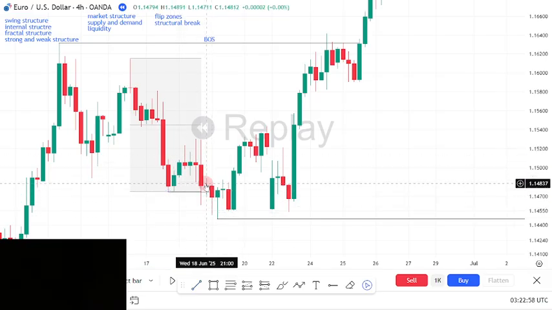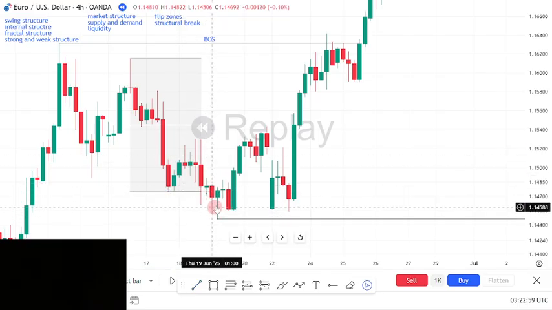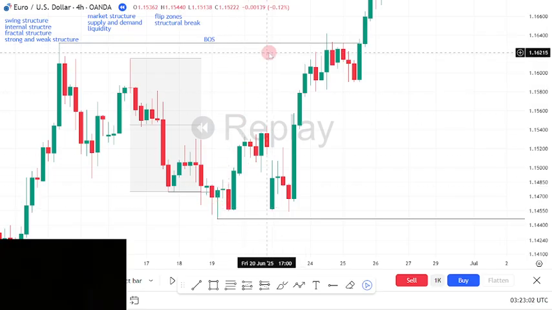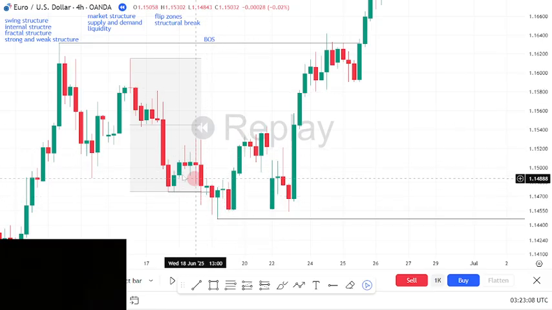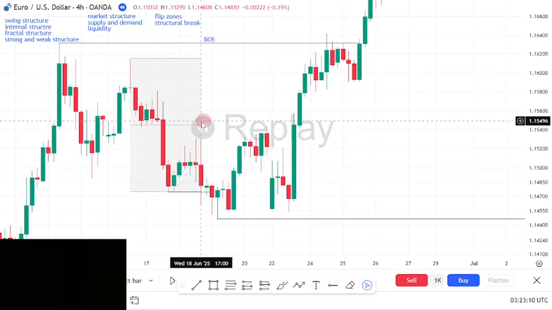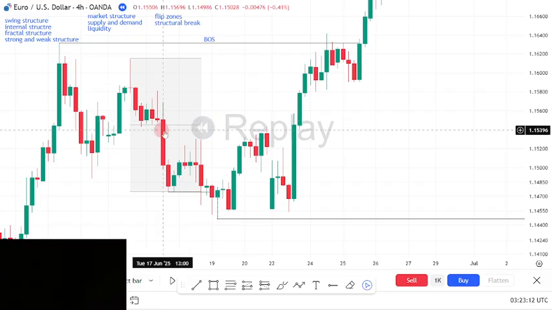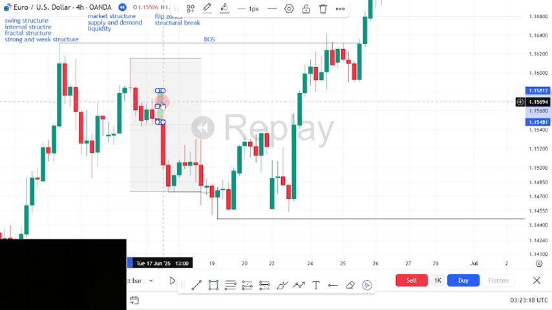So as we build the structure, what are we expecting? We expect continuation, so we expect pullback. Price builds the structure, price pulls back. What are we expecting? We expect pullback into premium. So when price is coming out within the premium, where are the areas I'll be looking to take advantage of the move?